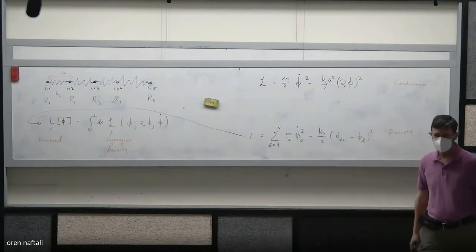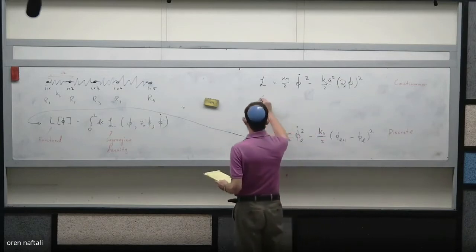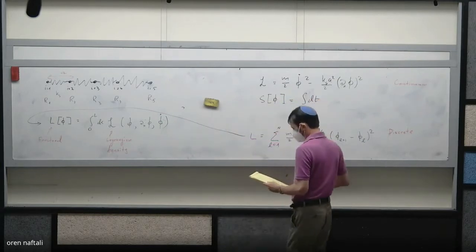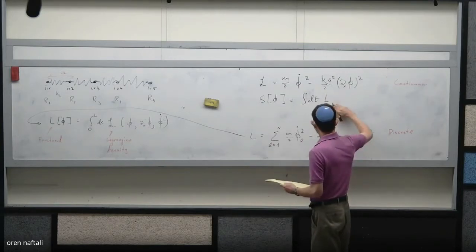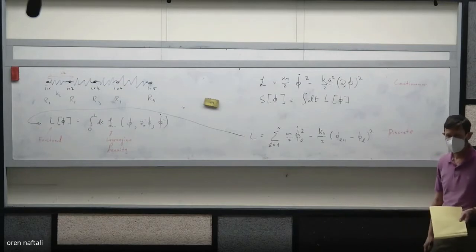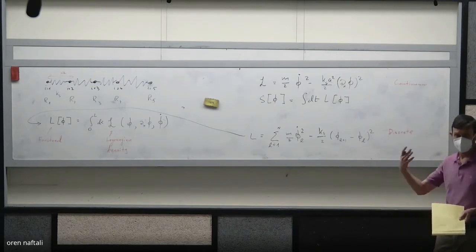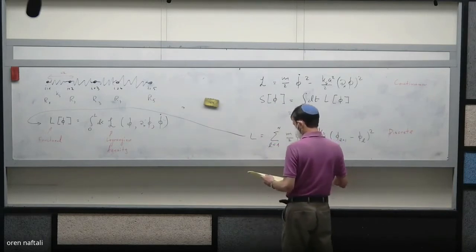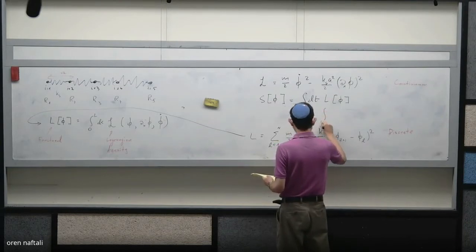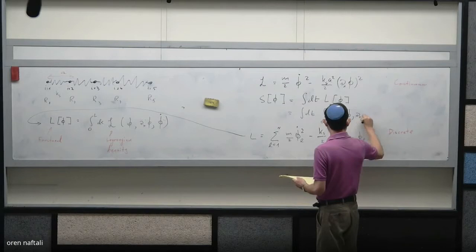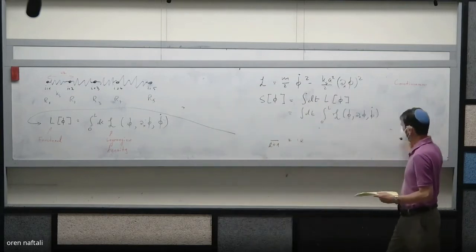So in classical field theory, all I have to do is integrate over time, meaning, okay, we don't need the discrete limit anymore.